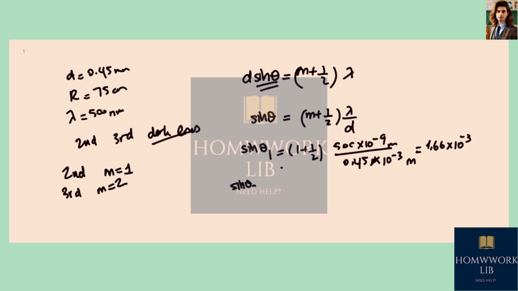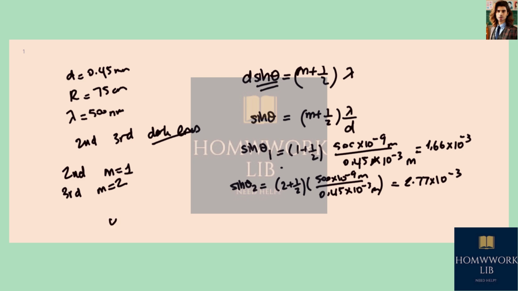And if we were to calculate sine theta 2, it would be (2 + 1/2) times 500 times 10 to the power of negative 9 meters divided by 0.45 times 10 to the power of negative 3 meters. So then it's going to come out to be 2.77 times 10 to the power of negative 3.